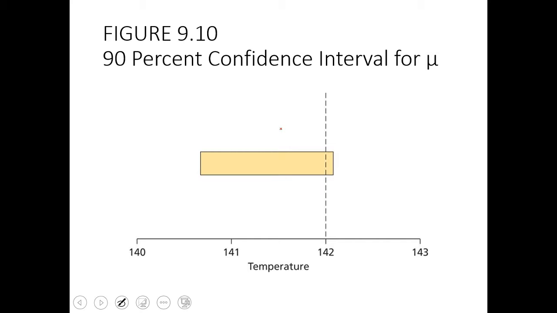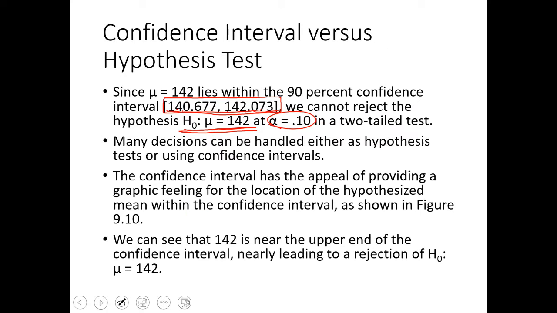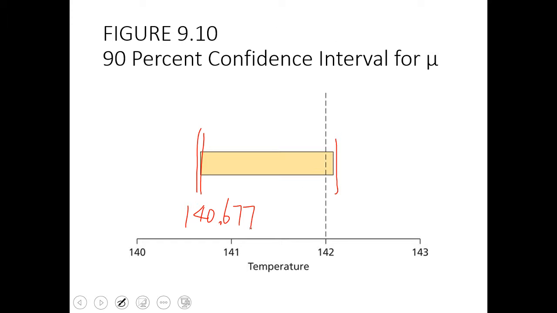So then we can draw this. That is the confidence interval. The minimum value is 140.677, and the maximum value is 142.073.